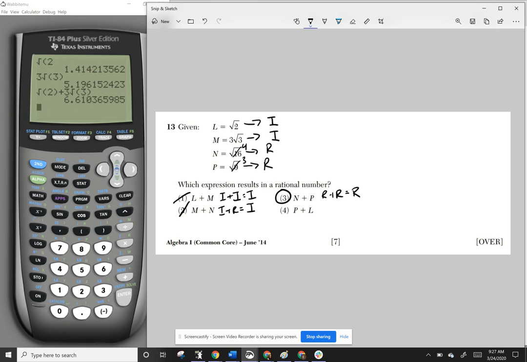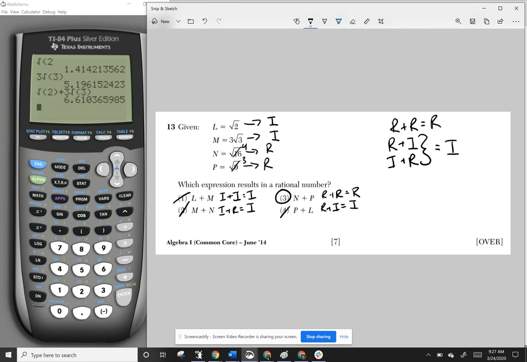And just to check the last one, p plus l will give us rational plus irrational, which is irrational. And just for you to have these rules when it comes to adding, it's rational plus rational equals rational, rational plus irrational, and irrational plus rational, same thing.